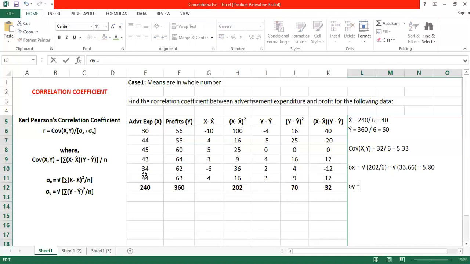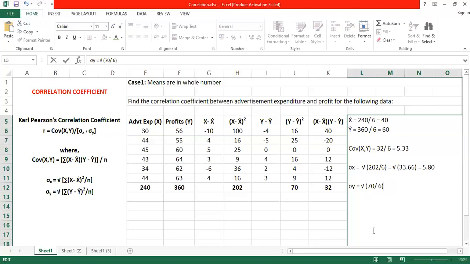Now sigma y. So sigma y has to be the square root of summation y minus y bar whole square. This is our y minus y bar. Summation is here. So it is 70 divided by n, that means 6.